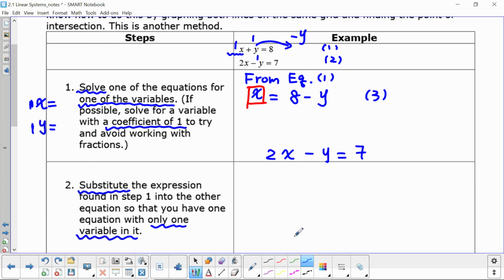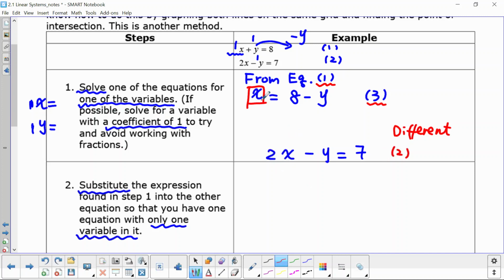Remember you isolated x from equation 1, then you labeled this equation 3. You substitute this x into a different equation. So equation 1, equation 3, then you substitute it into not 1, not 3, equation 2.